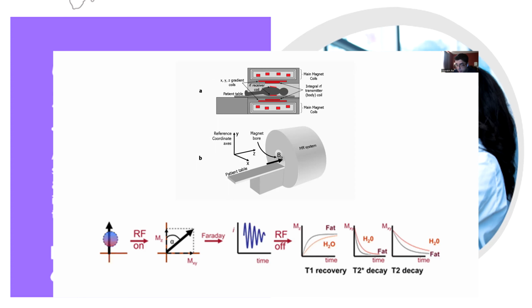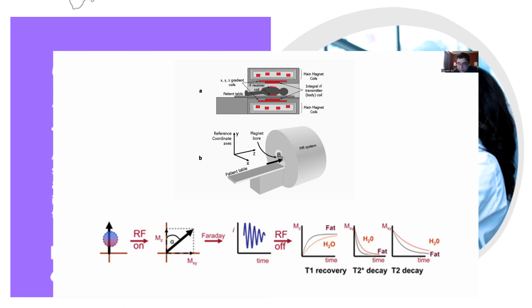And at that point, you can get a T1 recovery or T2 decay. Tissues have different rates of T1 recovery. The T1 recovery is where you go back to the original state of your longitudinal magnetization. And T2 decay is when, by virtue of being pulled into the XY plane, the transverse plane, you get transverse magnetization, and you get a decay of that over time.